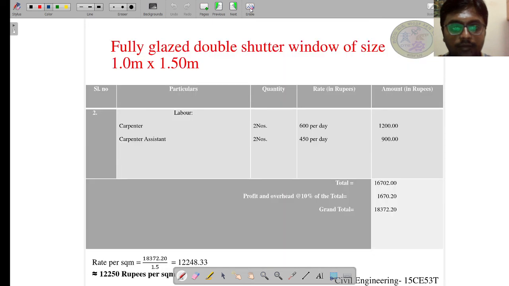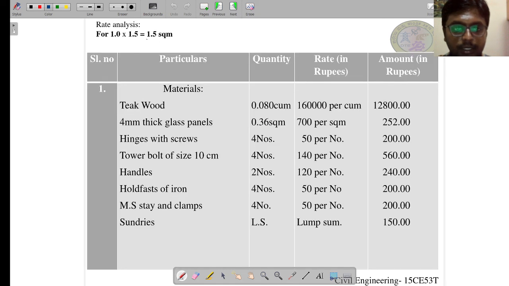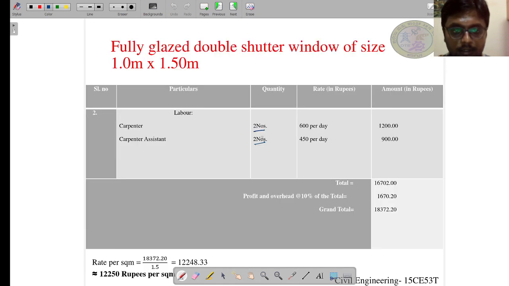Okay. After that, let us see the labor required for the window work. There are 2 numbers of carpenter and 2 numbers of carpenter assistant. Again, we have to keep in mind that for a work of 1.5 square meter, we need 2 carpenters and 2 carpenter assistants.